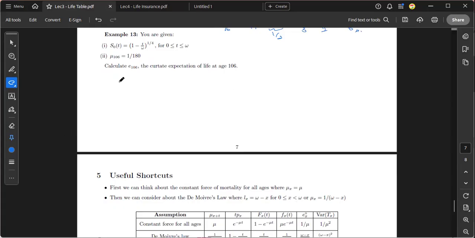Let's say we need to start from somewhere. So to get this expectation, we know that we need the px. So we need to find a form for this one, p 106 k. So x is 106 now.